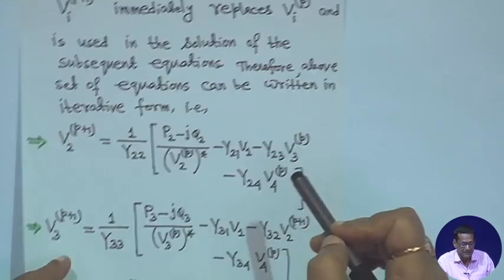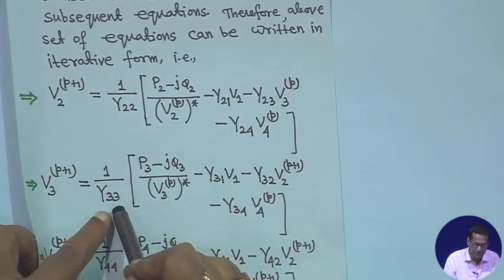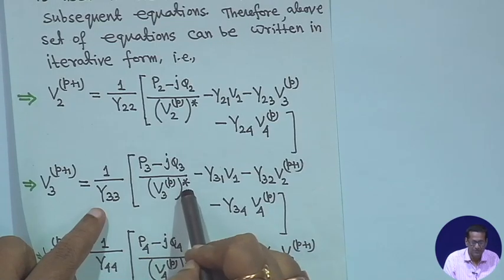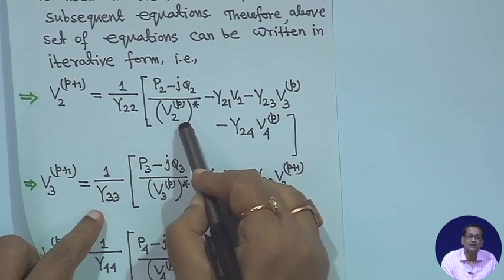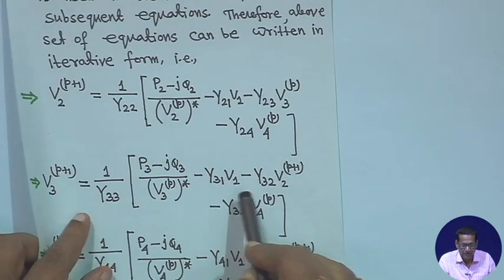In the next iteration, V3^(P+1) is 1 upon capital Y33 times (P3 minus jQ3) over V3^P conjugate, as I told for V2, minus capital Y31 V1 minus Y32.